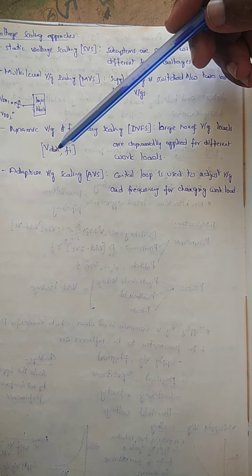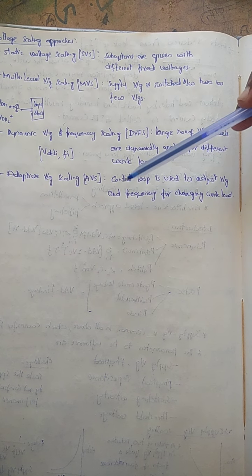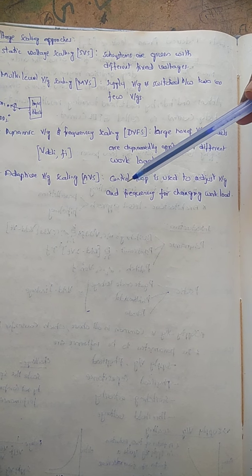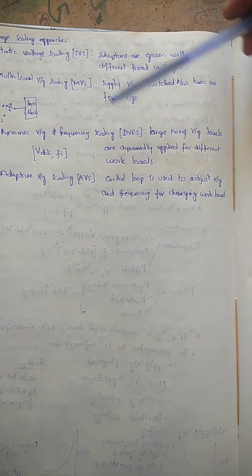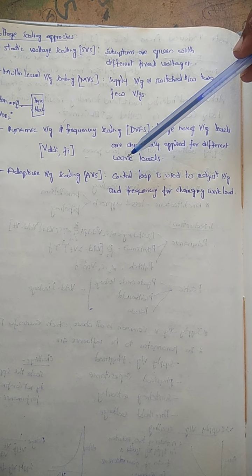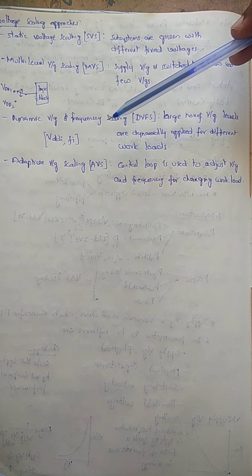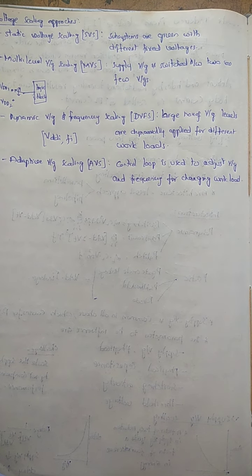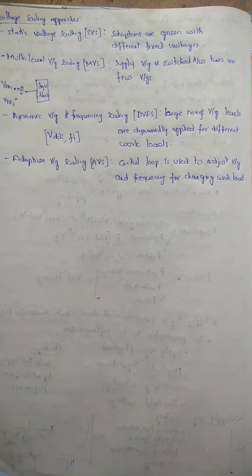Next one is adaptive voltage scaling. It makes use of a control loop to adjust voltage as well as frequency. DVFS is an open loop technique. The voltage and frequency are decided based on worst and best conditions, including voltage and temperature. So it is a very conservative method, and the benefit we get is not optimized.